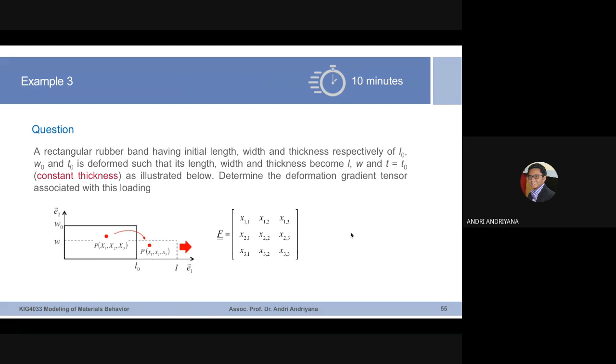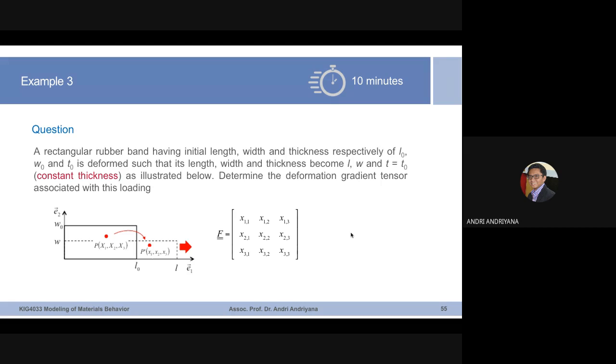Now I would like to give you an example on how we use it. How can we determine the deformation gradient tensor associated with any specific deformation of materials? And this is given in this example. Okay. So let's say that I have a rectangular rubber band. The initial length, width, and thickness are L0, W0, and T0.